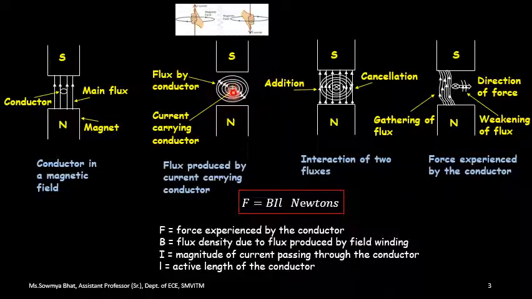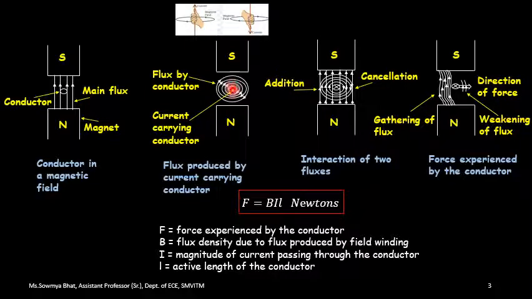You can see that plus mark. This plus mark means I am going to consider the current to be away from an observer, that is, going in. Going in is represented by a plus or cross mark. If the current is coming out, it is represented by a dot mark. So this is now represented as a cross mark.